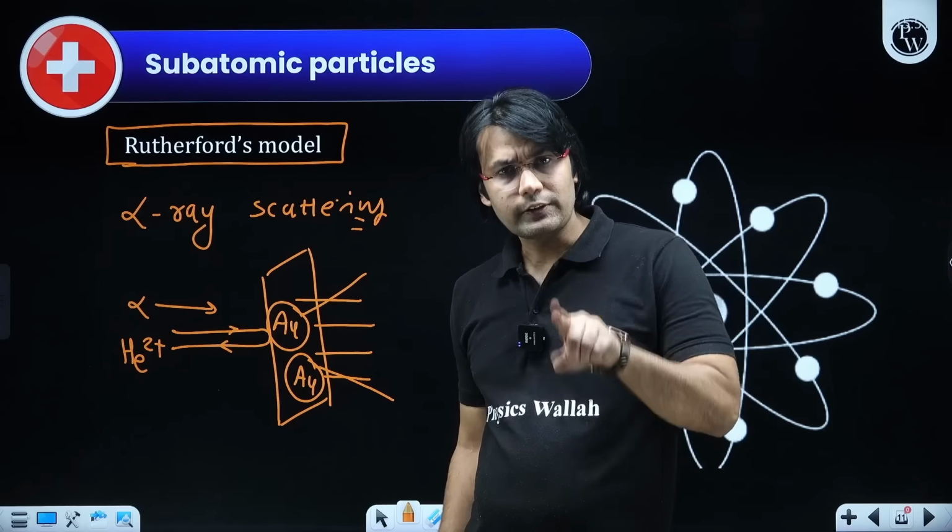Just like E naught is written as h nu naught, if E naught is called threshold energy, then nu naught is called threshold frequency, and lambda naught is called threshold wavelength. I hope you have noted down these formulas, because from these only you will get questions in your examination.